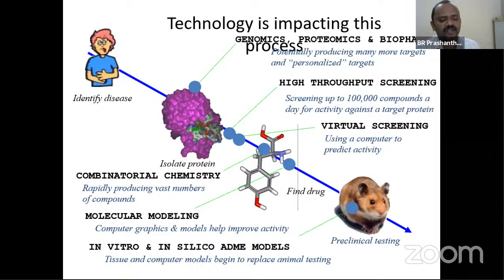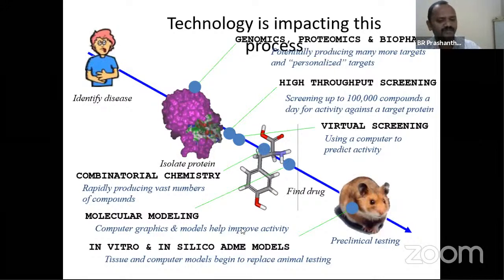So everywhere the drug design comes into the picture. Once the ligand and the protein come into the picture, the drug design starts. Combinatorial chemistry is another way where we can produce a large number of compounds in quick time. And molecular modeling, where we can use computer graphics and computer models to improve the activity.